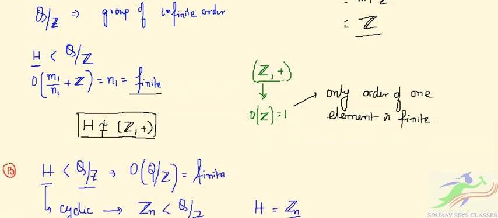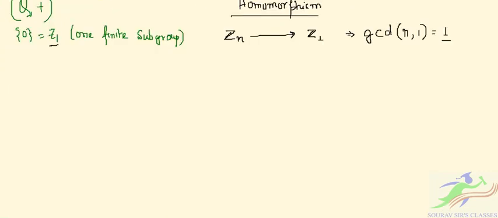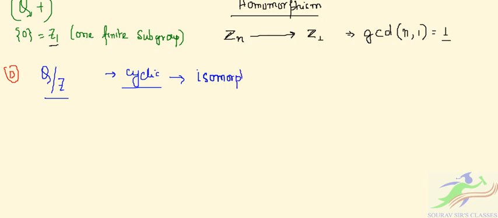Q/Z, if it is an infinite order group, and if it is cyclic, then it will be isomorphic to Z. So if this infinite order group is cyclic, then it will be isomorphic to Z. Okay, so I have to check whether it is isomorphic to Z or not.